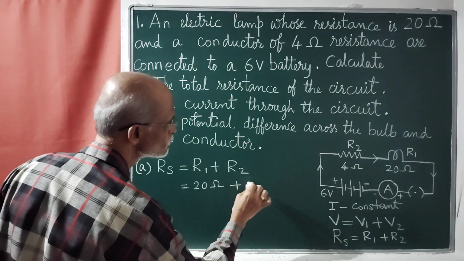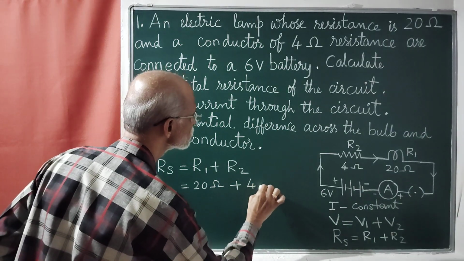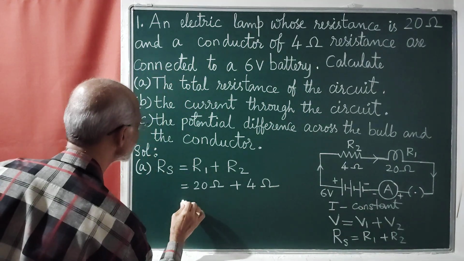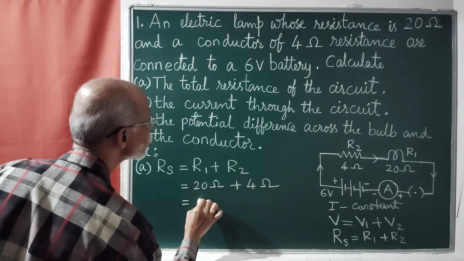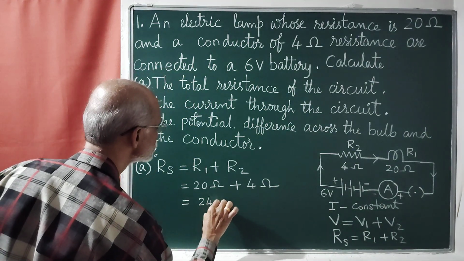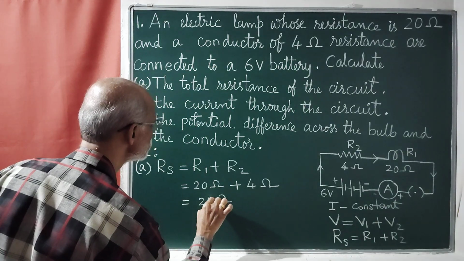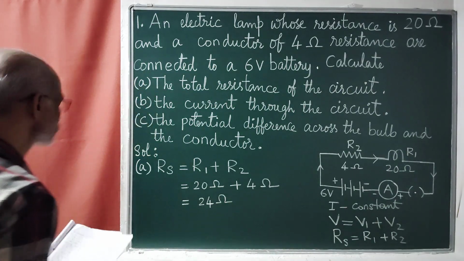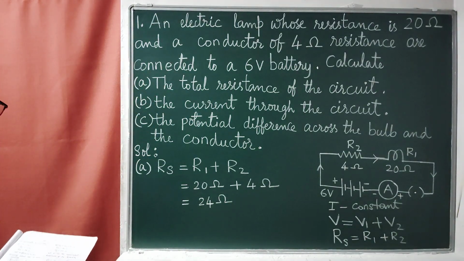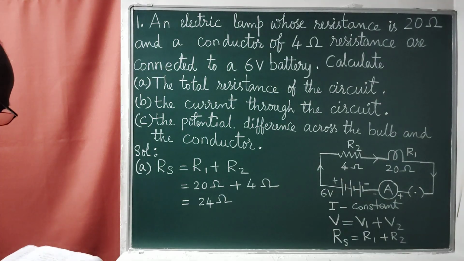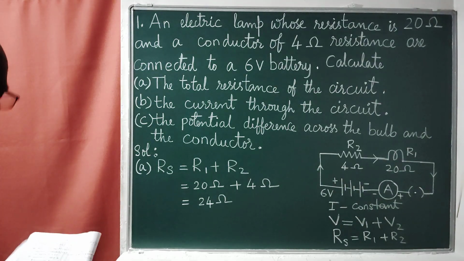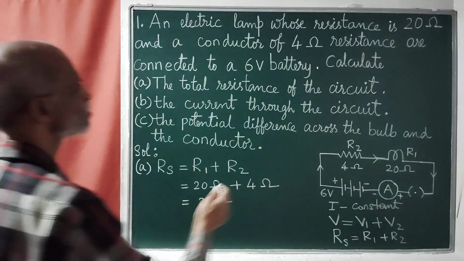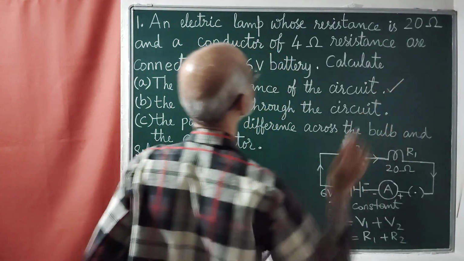What is R2? 4 ohms. The total resistance will be 24 ohms. The first part has been answered.